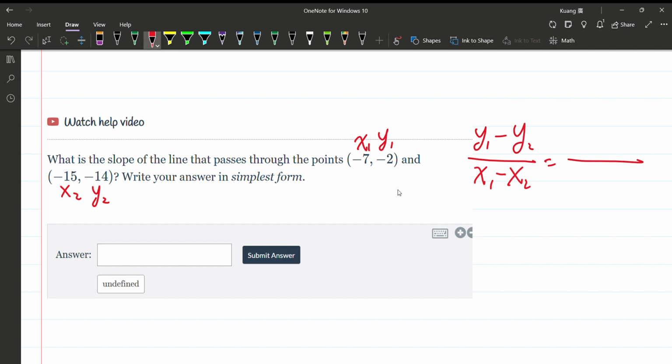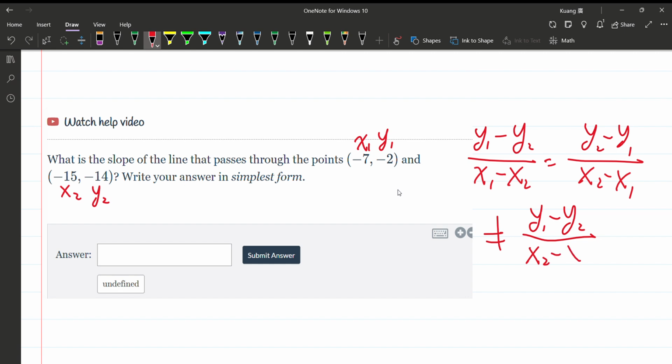Okay, you can also use y2 minus y1 divided by x2 minus x1, but you cannot use y1 minus y2 divided by x2 minus x1.